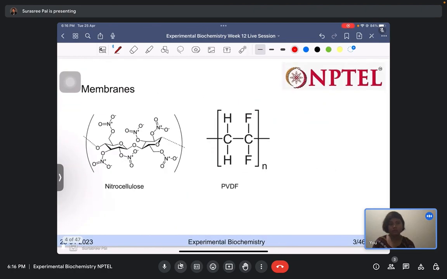Now these membranes that I am talking about can be of several types. The mostly used membranes are nitrocellulose and PVDF membrane. This is the structure of a nitrocellulose membrane, and you can see that this nitrocellulose membrane is heavily positively charged, right?